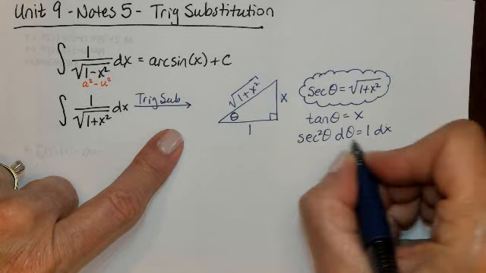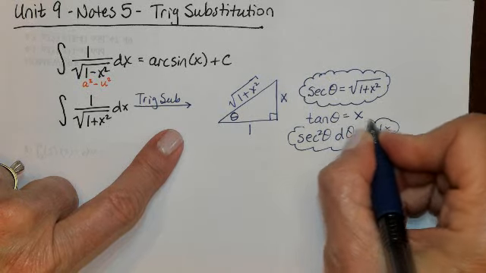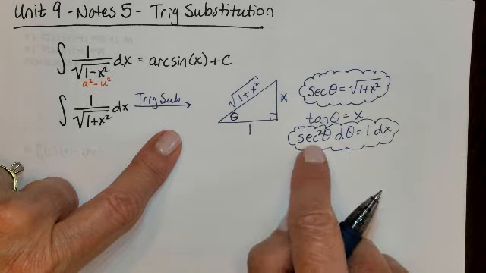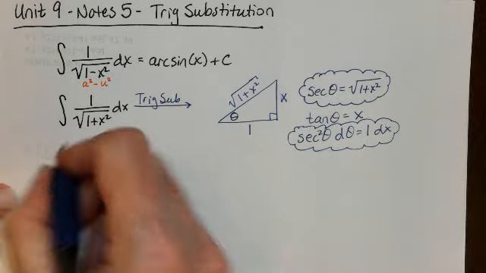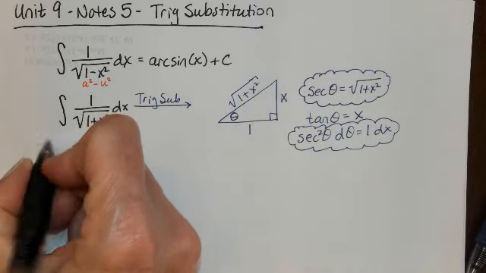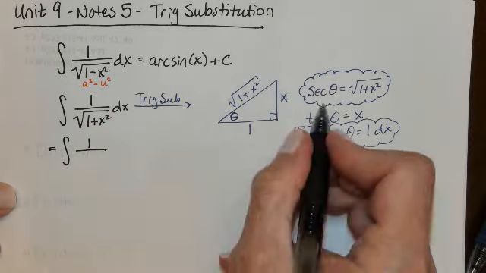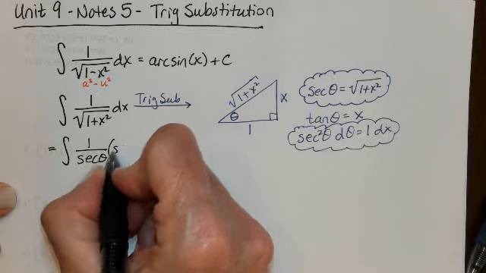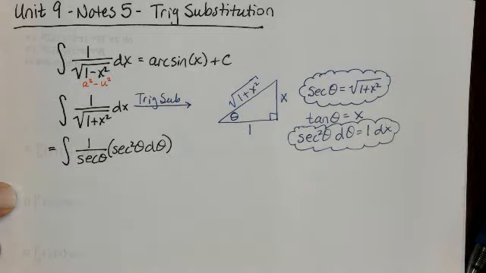Okay? So secant squared theta d theta is equal to dx. So that I can substitute secant squared theta d theta in for dx. So my integral over here becomes 1 over secant theta times secant squared theta d theta. That's with all my substitutions.